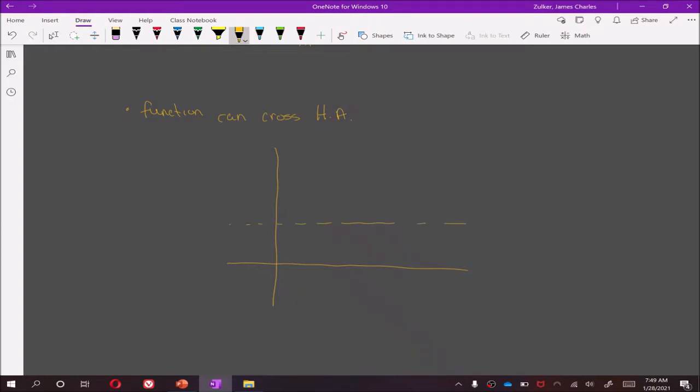We can have a function that does this, as long as, if we look out in the long run, the limit is approaching the asymptote, then we're fine. So a horizontal asymptote you can think of as the end behavior of the function.